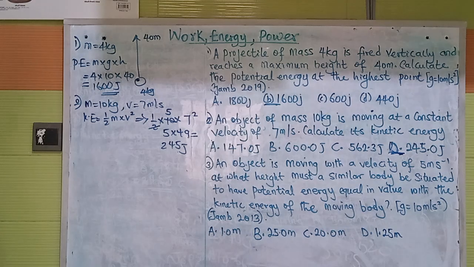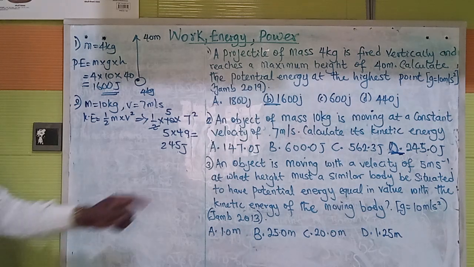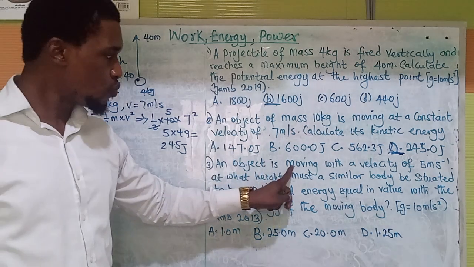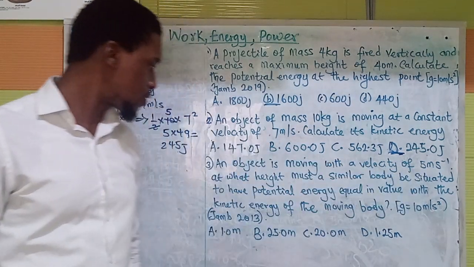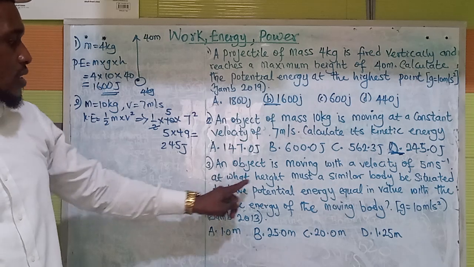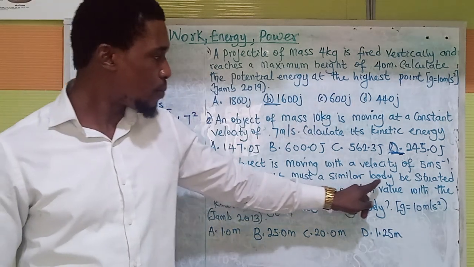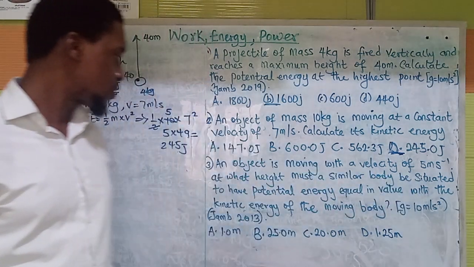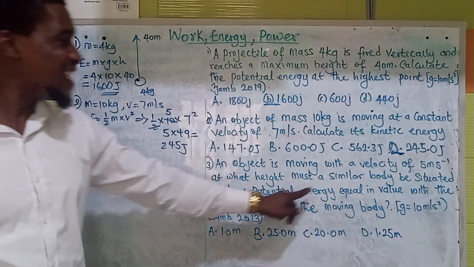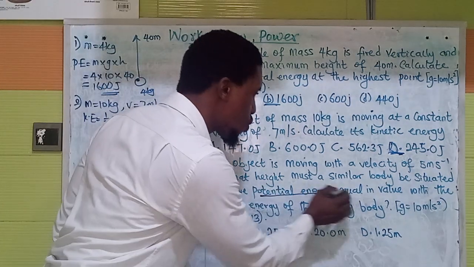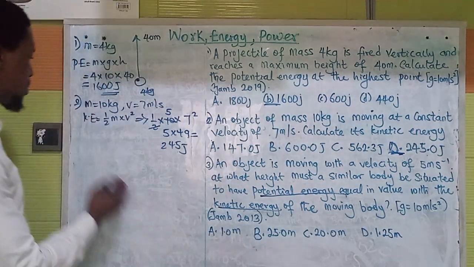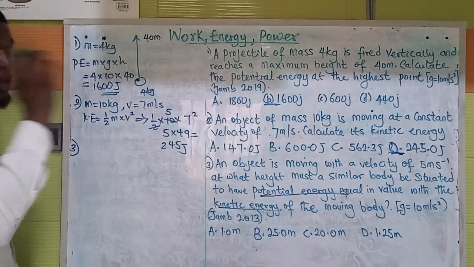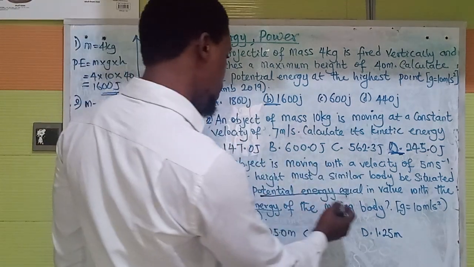Number 3. An object is moving with a velocity of 5 meters per second. At what height must a similar body be situated to have potential energy equal in value to the kinetic energy? In this case, we are looking for height.